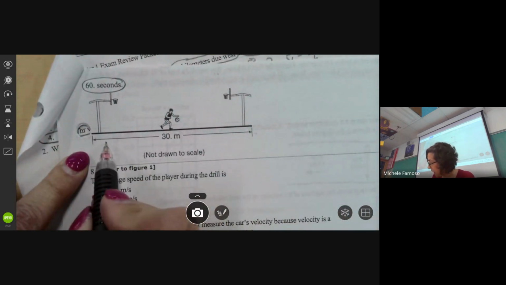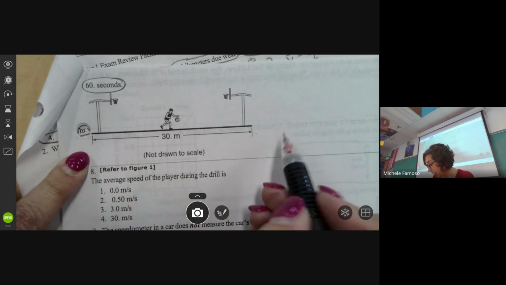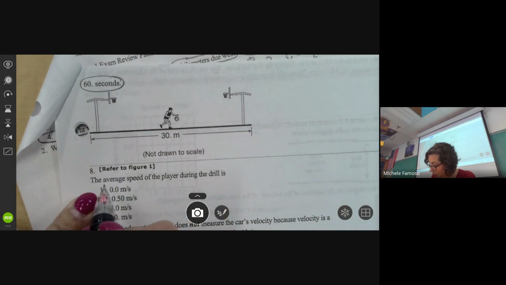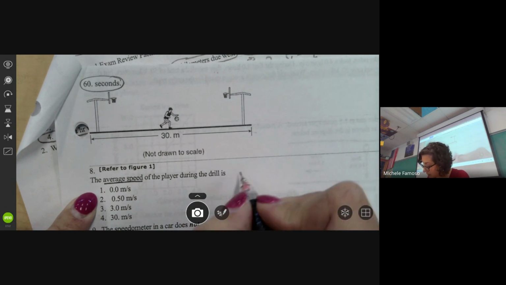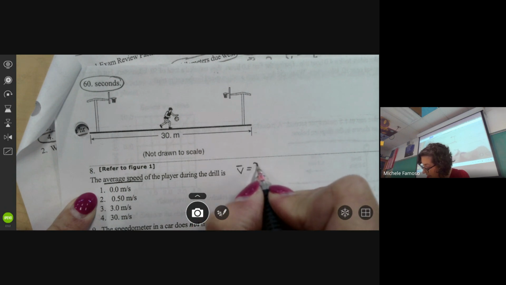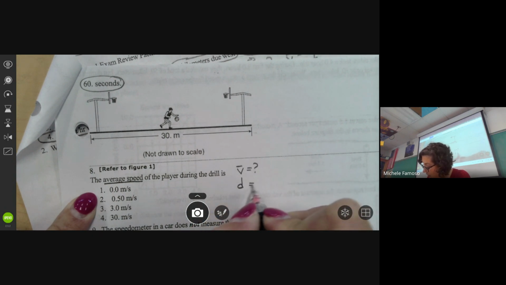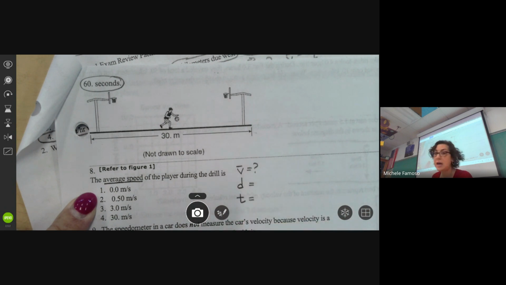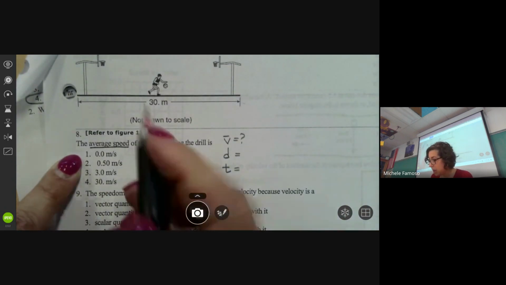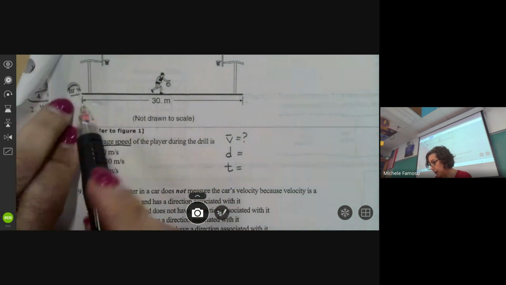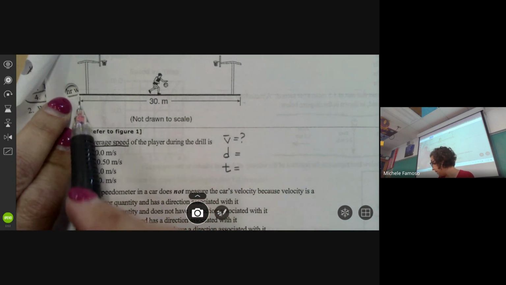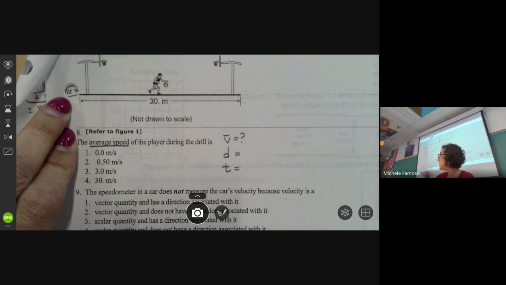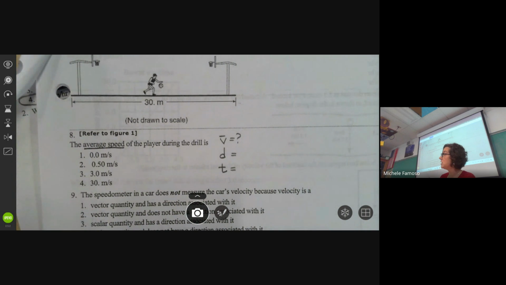So they're going out and back, out and back, out and back. I want to know the average speed. All right, so if I were to list my givens, I want this average speed. I need to know the distance they've traveled and the time over which they've done that. In one drill, out and back, they're going to go 30 meters out, 30 meters back, which means in one set, they're doing 60 meters, 30 plus 30. They're going to do that 3 times.